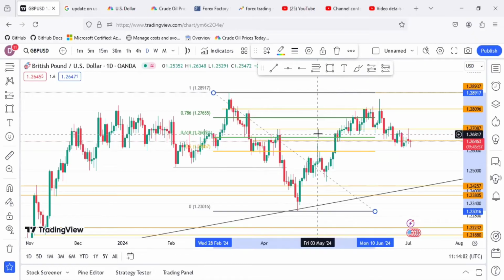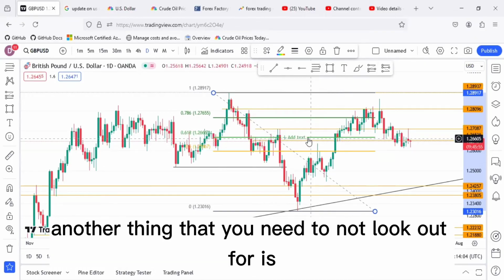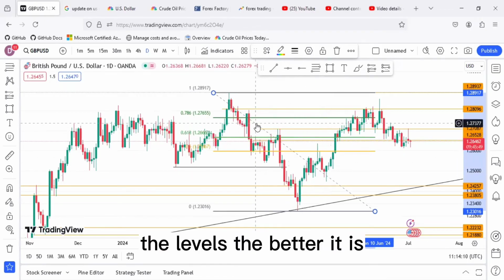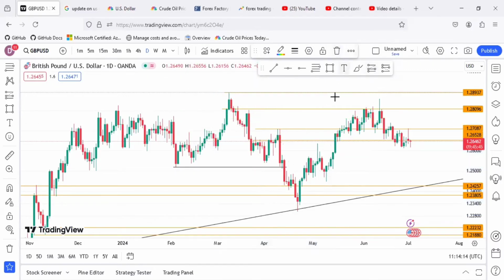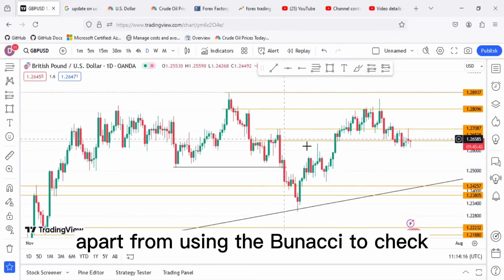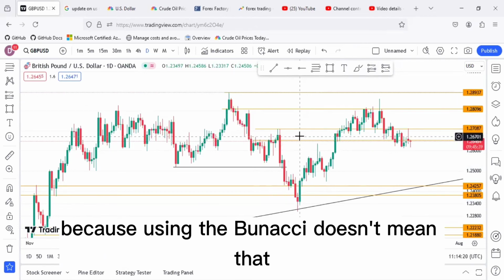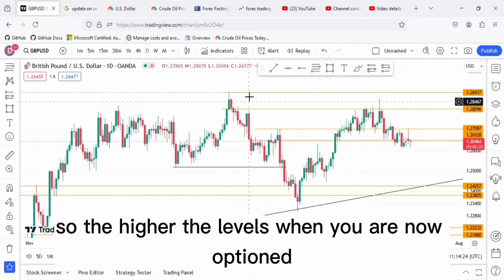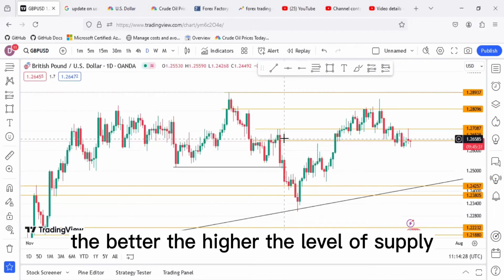Then another thing that you need to look out for is, the higher the levels, the better it is. And what do I mean? Apart from using Fibonacci to check, because using Fibonacci doesn't mean that price will respect the levels, the higher the levels, when you are in an uptrend, the better.